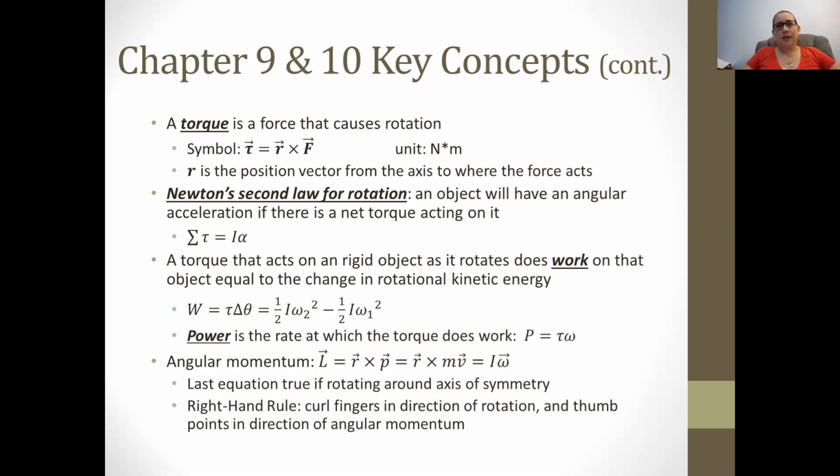So a cross product is kind of the opposite of a dot product that we talked about with work. A cross product shows us how perpendicular two things are to each other, whereas a dot product shows us how parallel two things are to each other.